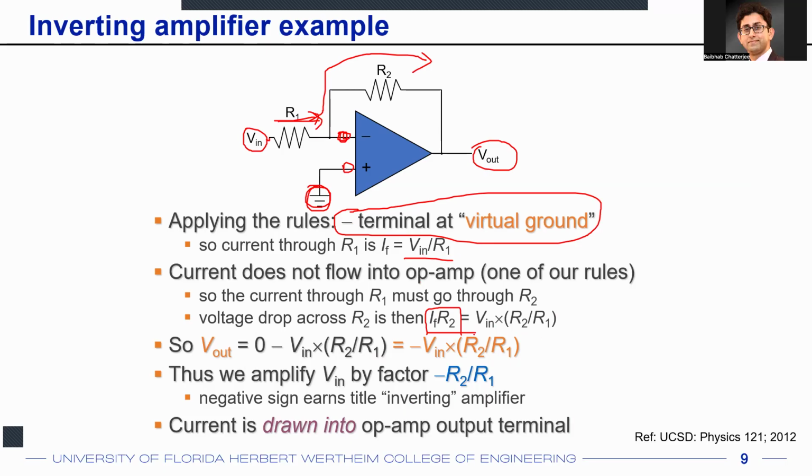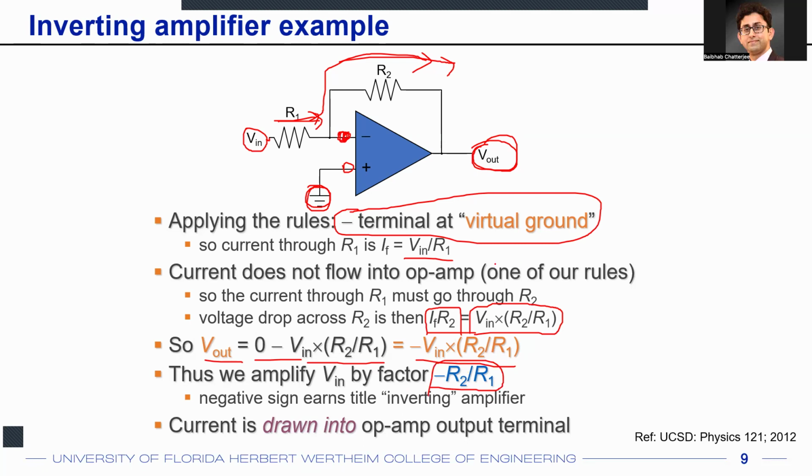So you can write down IF times R2 is V in times R2 over R1. Because the current is flowing in this direction, output voltage V out will be less than 0, because this point's voltage is 0, it's at virtual ground. So output will be 0 minus V in times R2 over R1, so minus V in times R2 over R1.